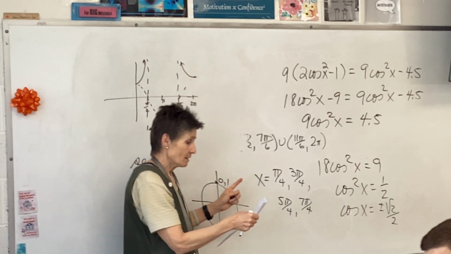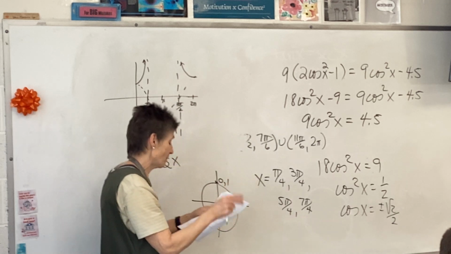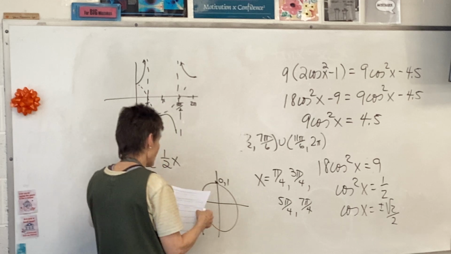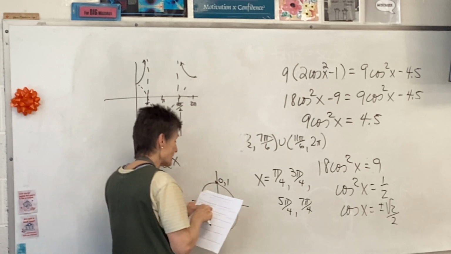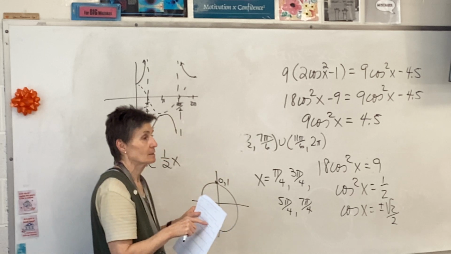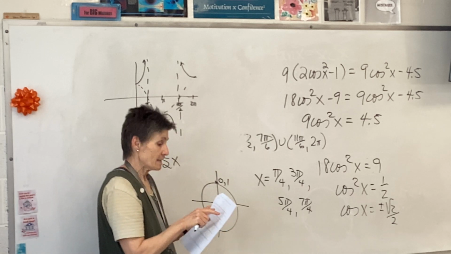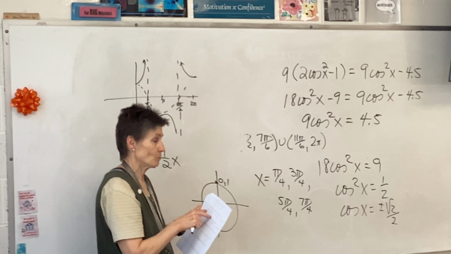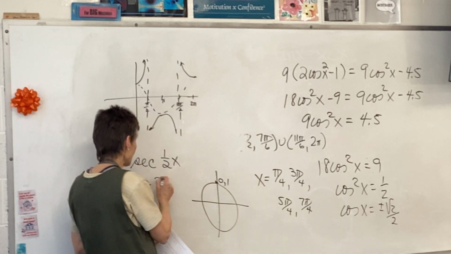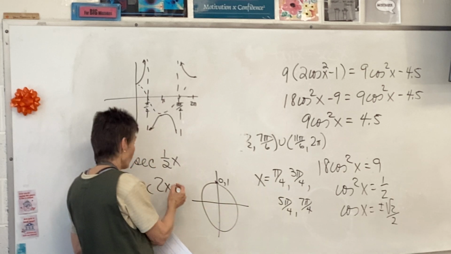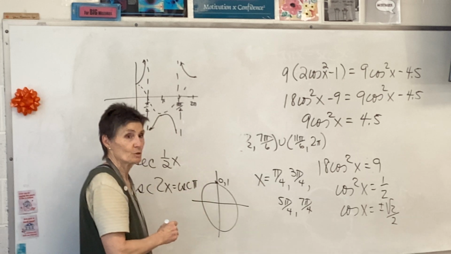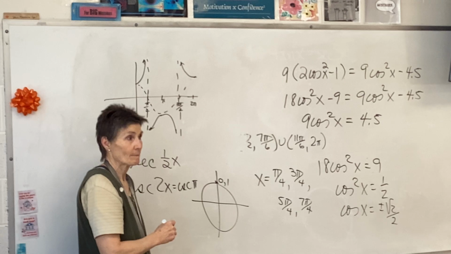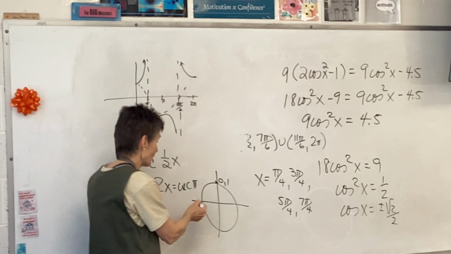The rest of them have alterations made. All right, so let's look at the next one: cosecant 2x. If x is pi over 2, then cosecant 2x will be the cosecant of pi. Would you agree with that? That's here.